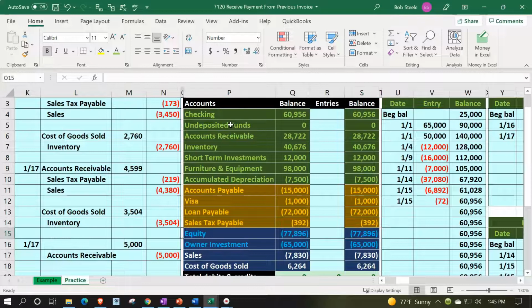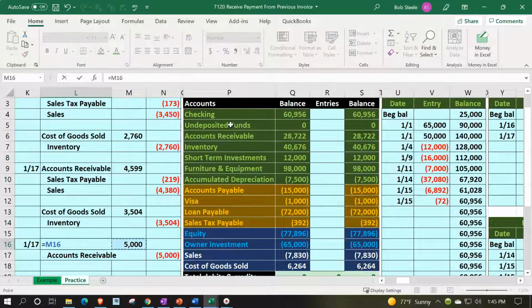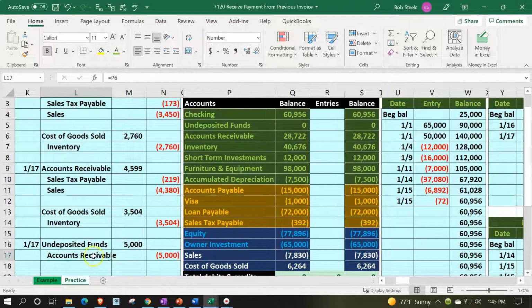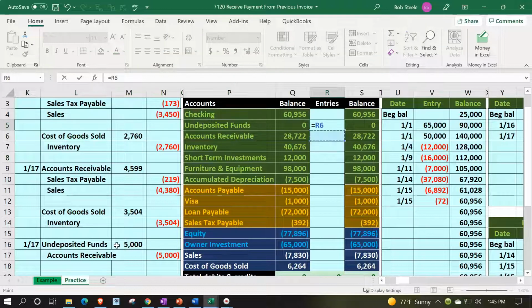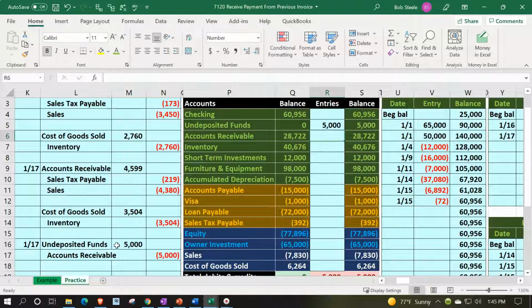We're going to deposit this not into the checking account, but another cash type of account, which we're going to make a clearing account of undeposited funds. Now let's post it. Now we've got what we need to do the job. So let's do the job then. So now in R5 equals, we're picking up that 5,000 in R5.